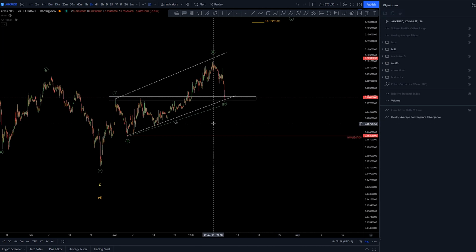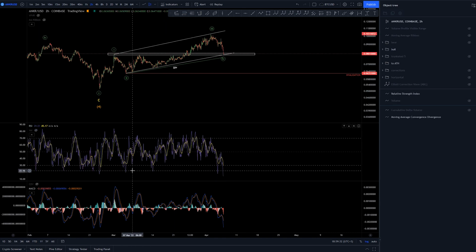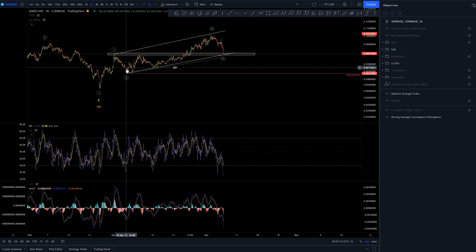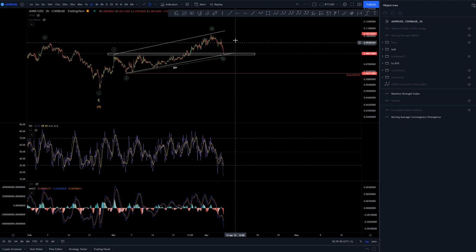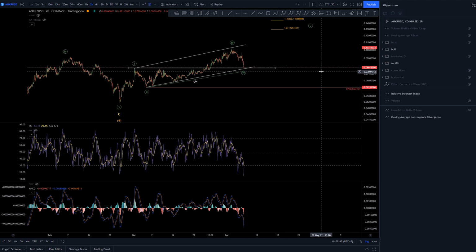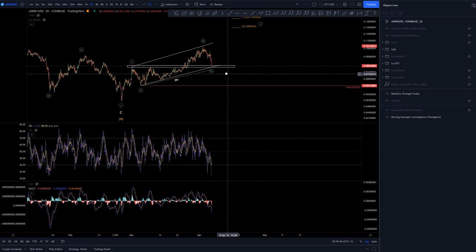Now currently we are getting this bullish divergence on RSI from these lows here to these lows here, and most likely we should at least be looking at some kind of bump up soon.